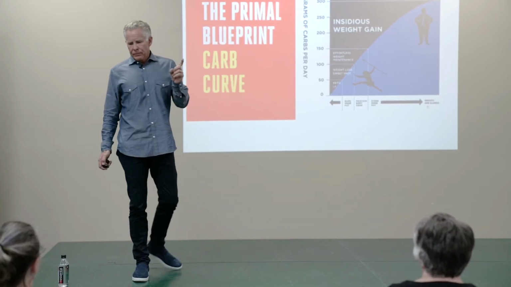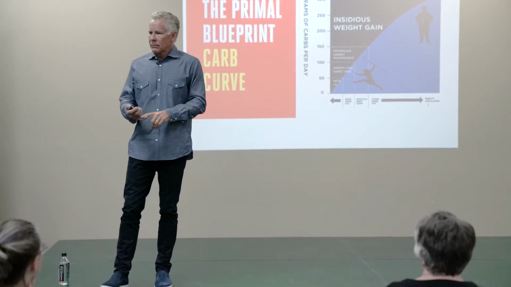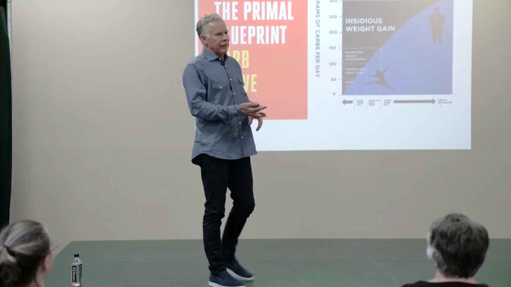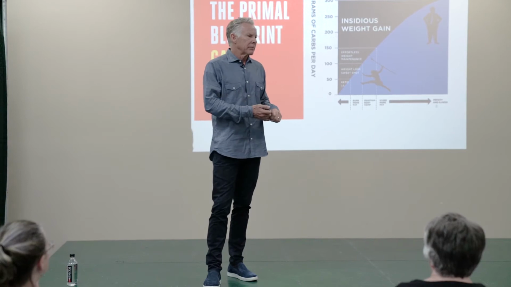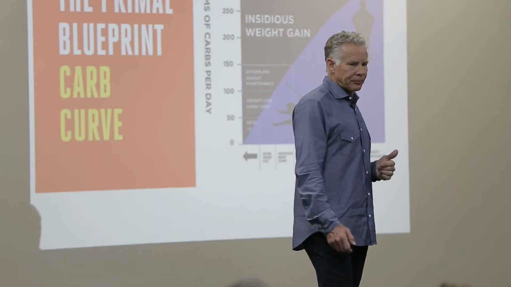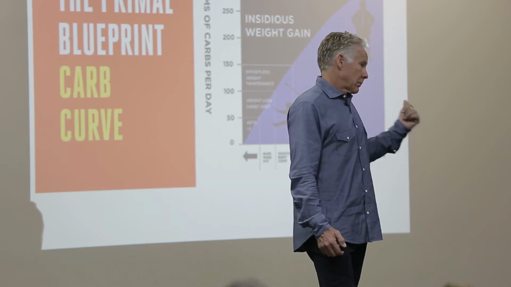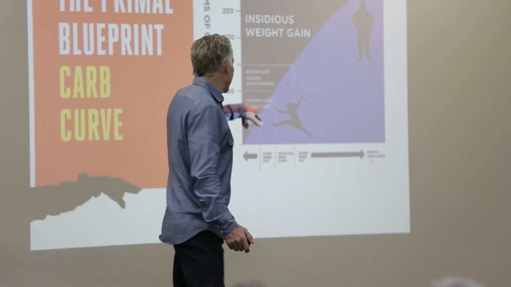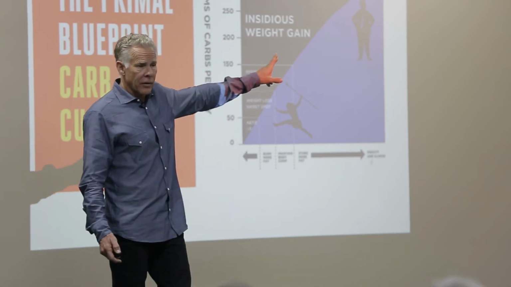Now, when you eliminate added sugars and enriched flour and you eliminate grains from your diet, which I recommend everyone try, and most of your carbs come from vegetables, it's almost impossible to get more than 150 grams of carbohydrate in a day.